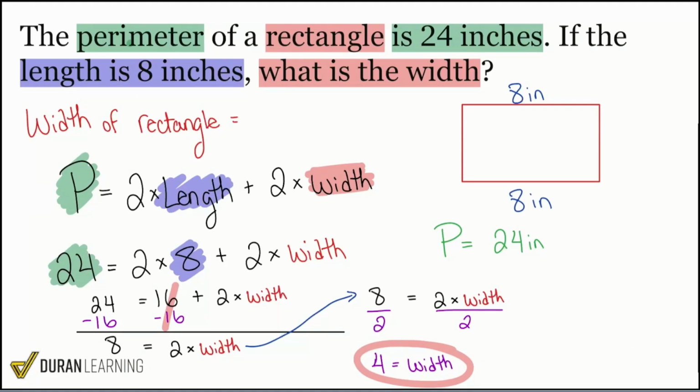And then the other respect I want to give you here is checking your work. So everybody, our answer was what again? What number did we get as our final answer? Yeah, we got 4. Exactly. So let me put in 4 inches for the width. Everybody, if we were to calculate the perimeter here, let's go ahead and do that. Everybody, what is 4 plus 8? Yep, that's going to be 12.